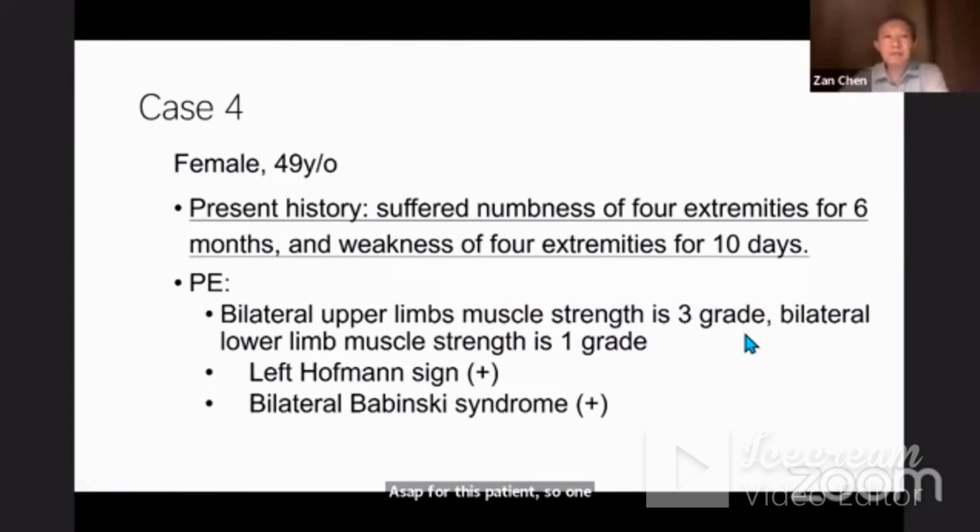And this first case is the most severe case in my case series. It's a female, 49 years old. One day before operation, she suddenly became paralyzed in four extremities, and her lower extremity muscle strength was 1 grade.